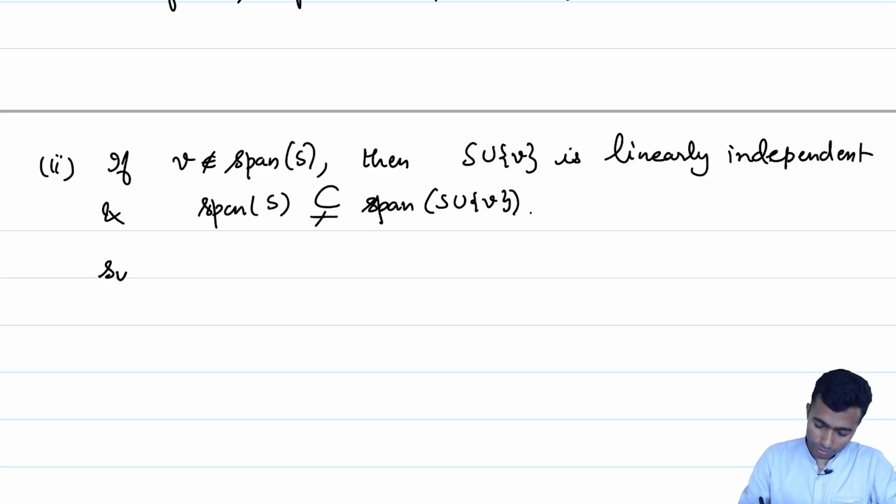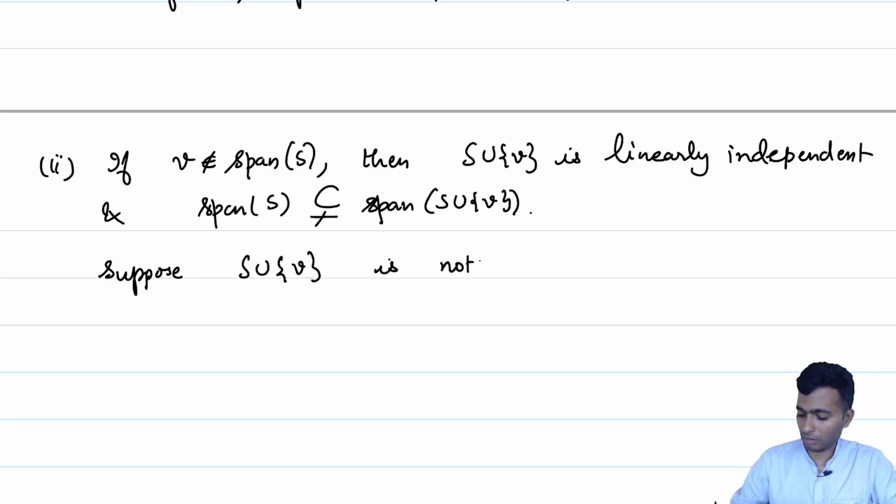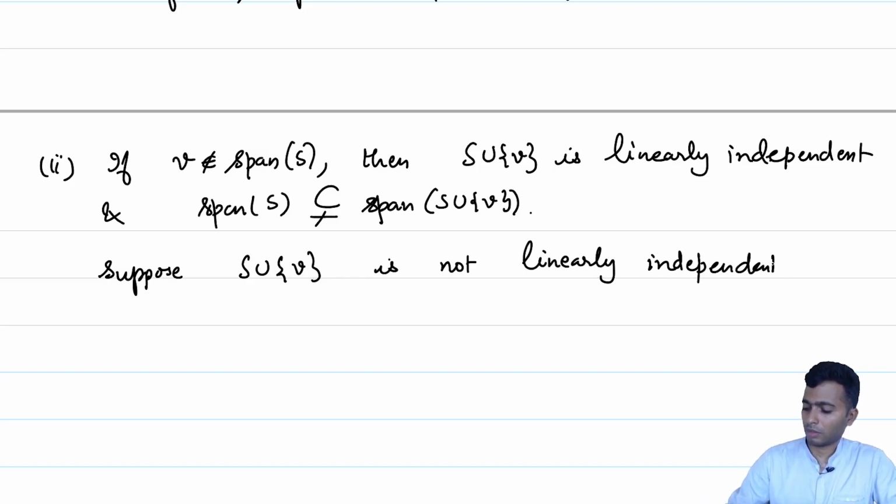So, suppose S union V is not linearly independent. What does it mean to say that something is not linearly independent?